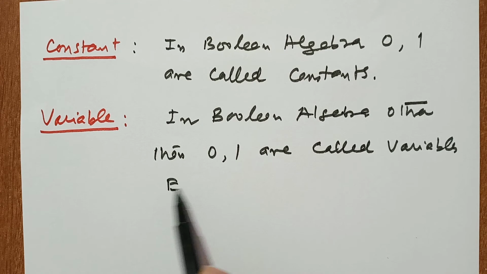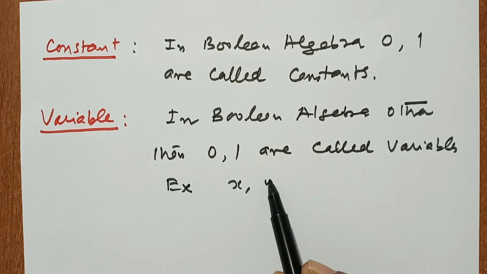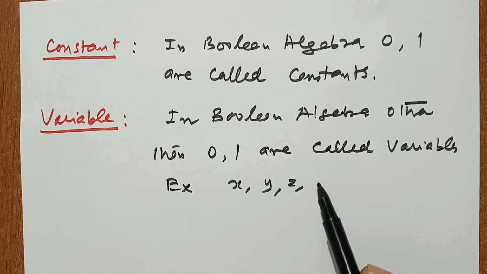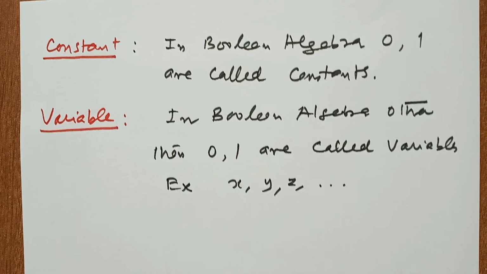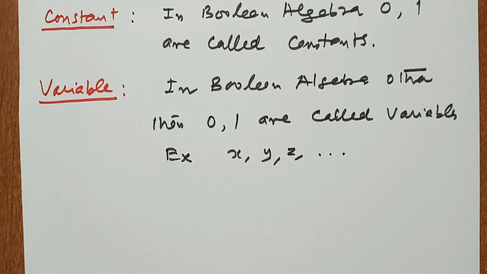For example, x, y, z, a, b, c. Okay, so these are variables.